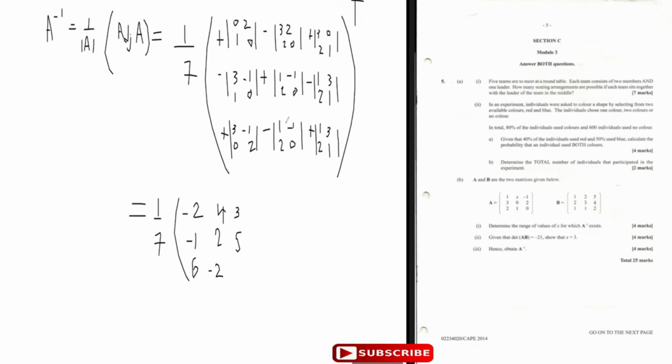Just to make sure this column is right, crossing out the 1, it's going to be 1 minus 1, 1 minus 1, 3, 2. So this right here should have been 3, 2. And here should be crossing out that, it's going to be 1, 3, 3, 0.